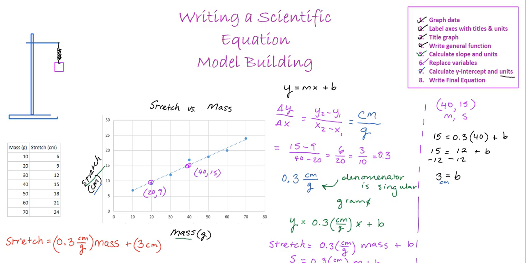What this is saying is that you can predict the stretch by saying that every time 1 gram was added, 0.3 centimeters of stretch increased. I can take whatever mass I want to put on the spring and multiply it by that constant, add 3 centimeters, and I'll automatically have the stretch distance. So that's the general process for writing out the scientific equation from the graph.